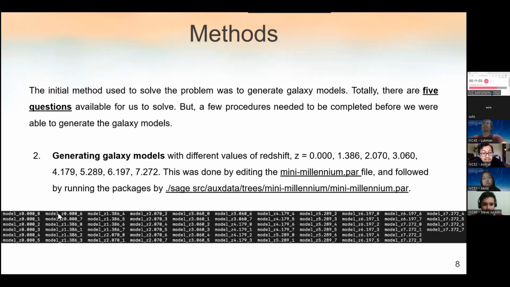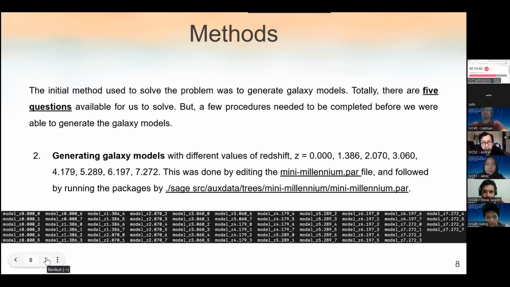And then secondly, we generate the galaxy models specifically with 8 different values of redshift. I listed some values of the redshift here. We use the default settings or initial conditions for all the initial models that were required to generate the galaxy models.